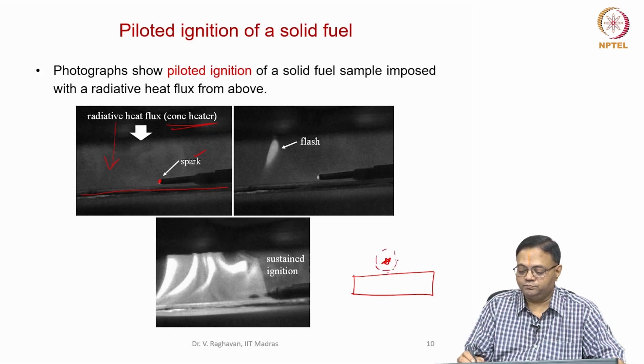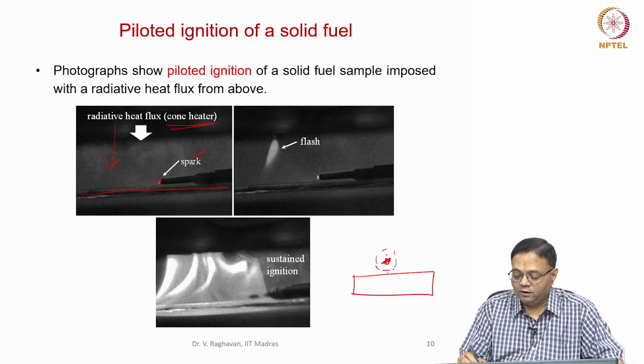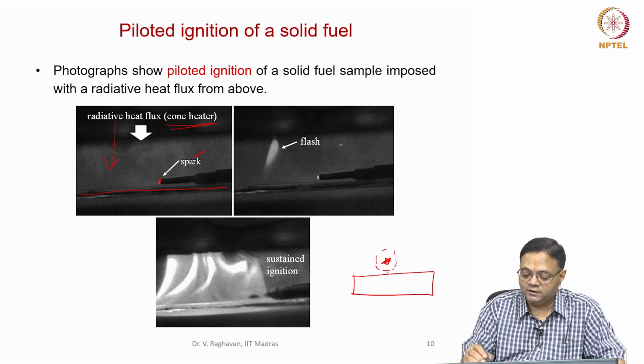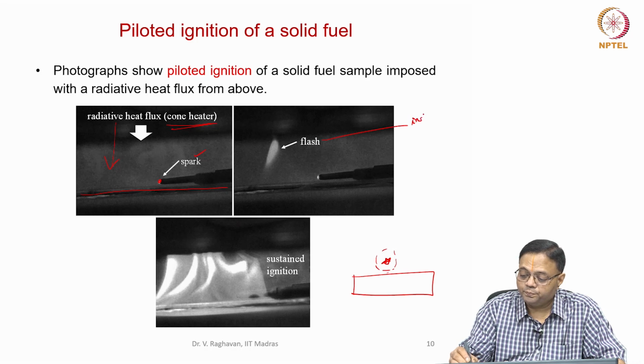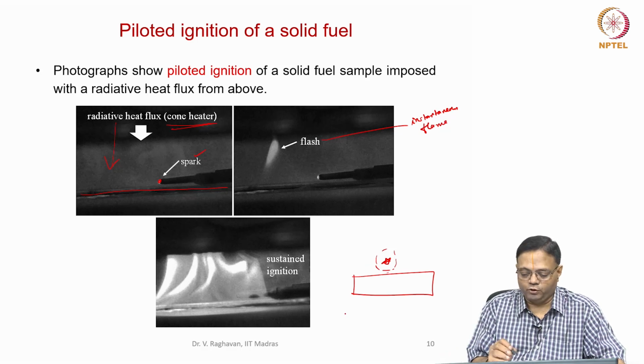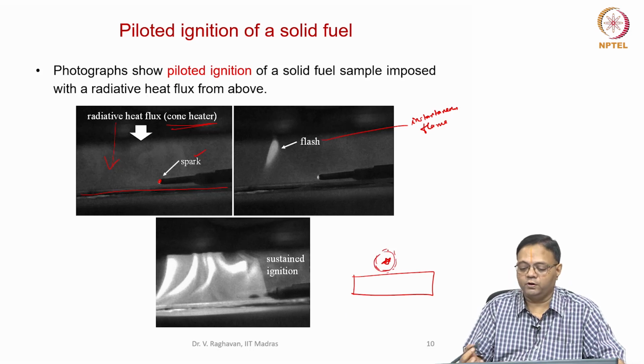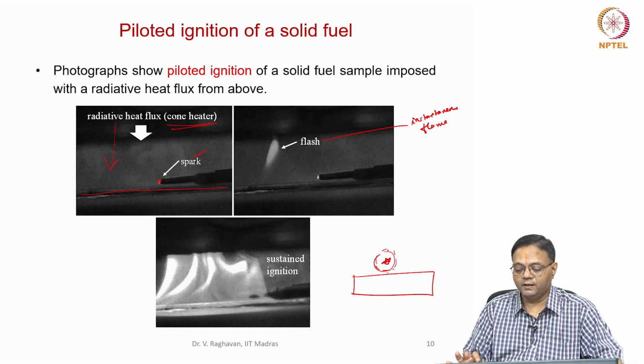Now, this mixture should be more than the lower flammability limit, and the piloted ignition will cause a flash. What is a flash? An instantaneous flame, which is a premixed flame, but it will not continue. It will just produce a flash, and once this mixture is consumed, the flash will disappear.